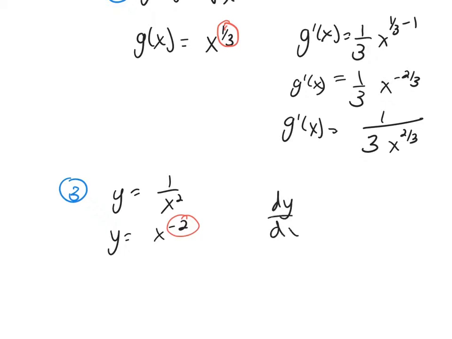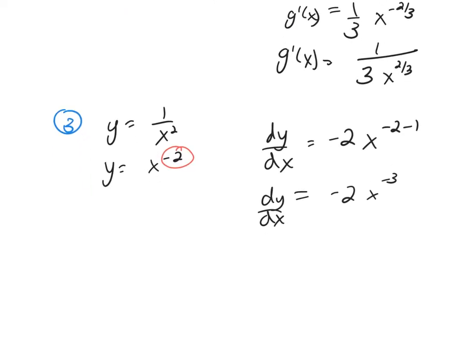So bring the negative 2 down. Subtract 1, so it'll be negative 2x to the negative third. And again, you can leave it like that, or if I want a positive exponent, you have to move it to the denominator. Okay, and there's my derivative.